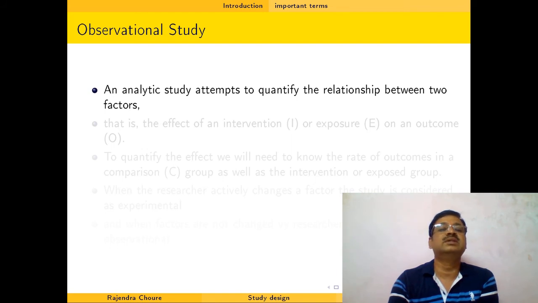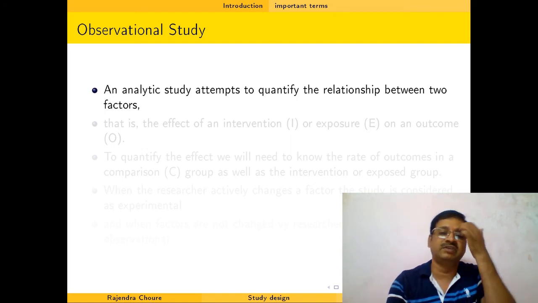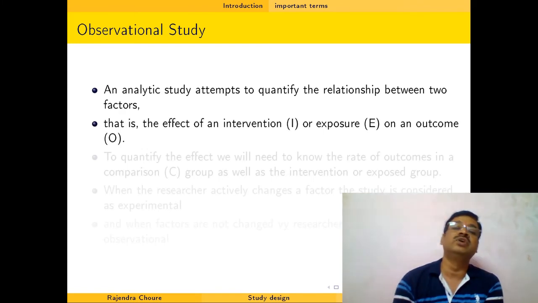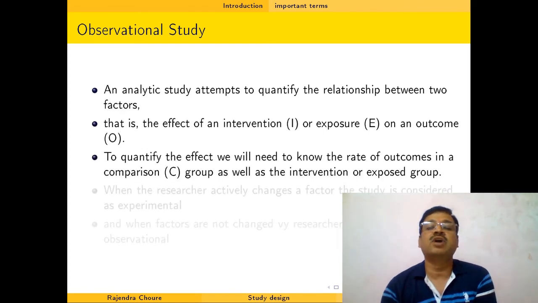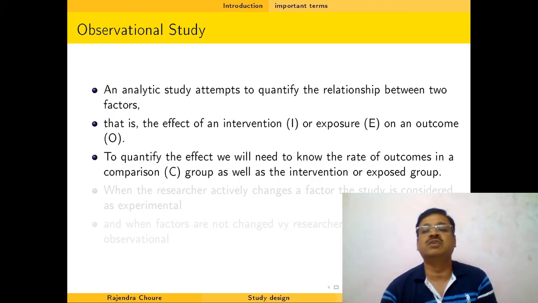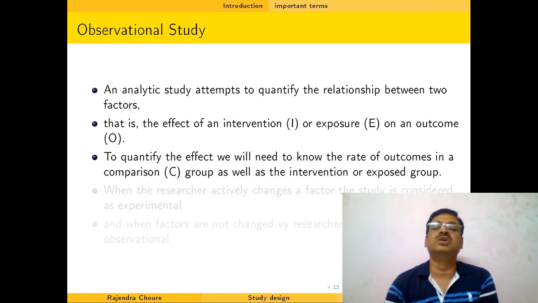And observational studies that are analytical in nature attempt to quantify the relationship between two factors, the effect of an intervention or exposure on the outcome. Okay. An intervention is the deliberate change in levels of variables carried out by the researcher, and the effect of those variables on the outcome will be studied and quantified.